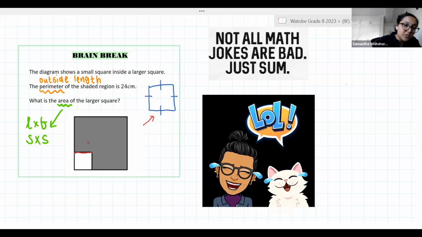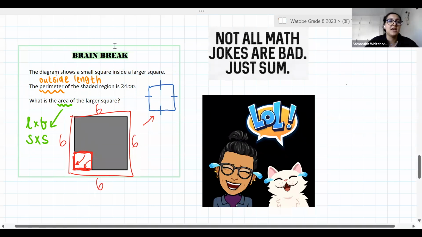Now, yes, we've got this weird jutting in thing, but if we take that line and move it here, and we take this side and we move it down, we actually just get the weird jutting out shape to push into the corner of the square, and so we get a full square. Which means that, as Maseko's now said, if this whole outside length is 24, if we divide it by 4, we get 6, 6, 6, 6.